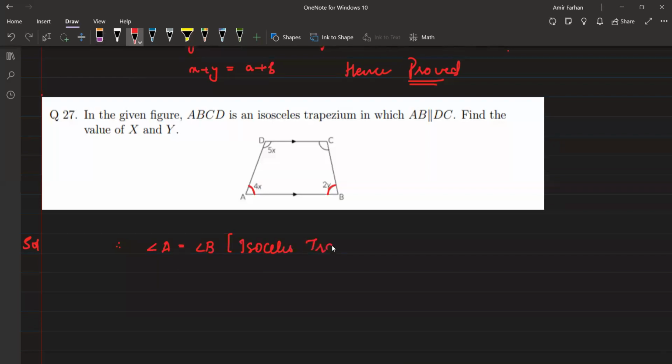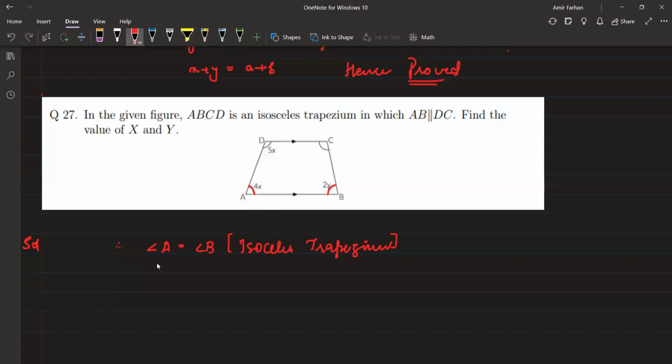Clear? And the sum of two opposite angles will be equal to 180 in a trapezium. Yes or no?